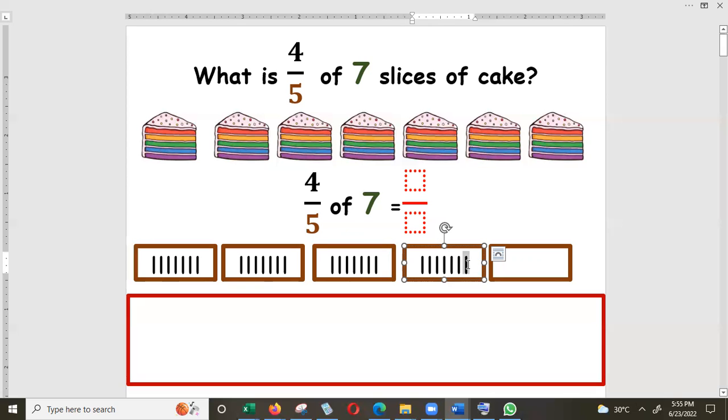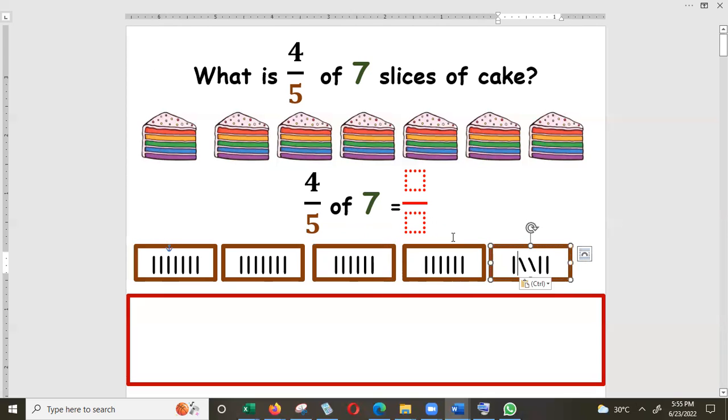So let us take 1 from this box and put it there, take another 1 from this box and put it there.